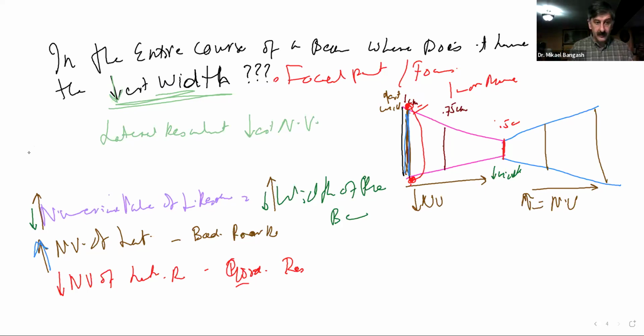Down here, for instance, even if the structures are just half a centimeter or 5 millimeters apart, you will still see them as two separate structures. But if a similar distance was here, 5 millimeters, this was going to give us a bad lateral resolution at this depth.